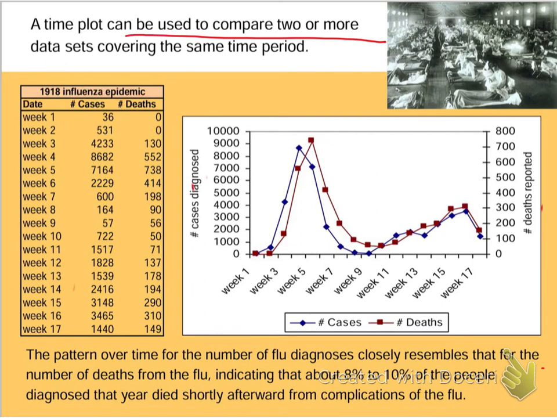A time plot can be used to compare 2 or more data sets covering the same period. This is one of the most important points. When we present them, they should cover the same period so we can compare them.